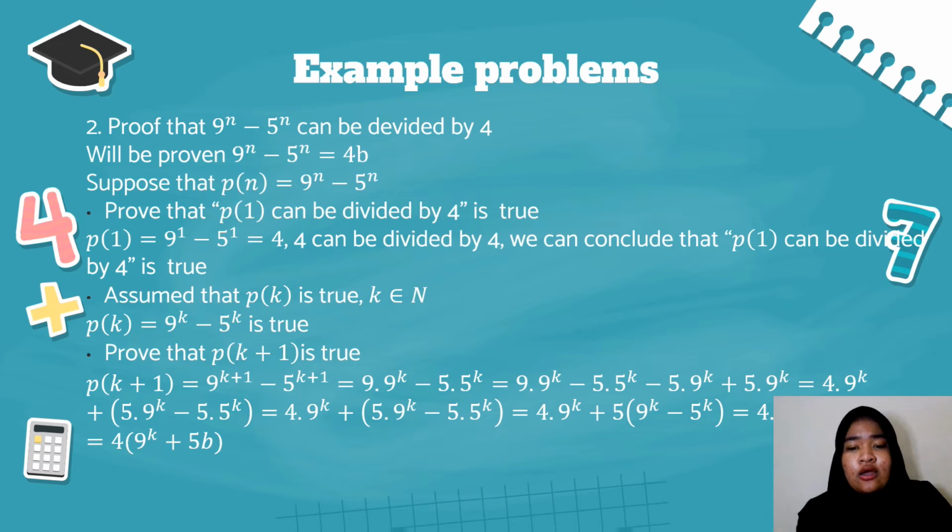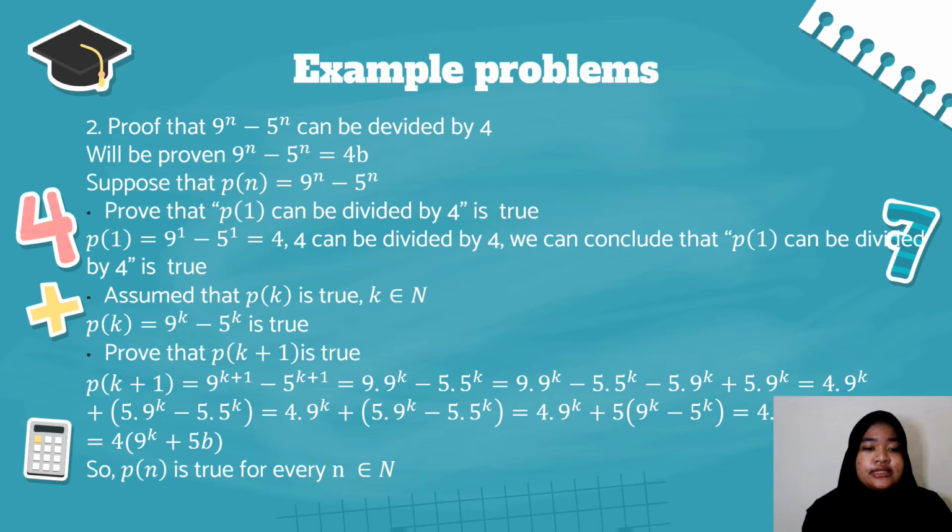As we know that 9 power k minus 5 power k is equal to 4b. So we get 4 times 9 power k plus 5 times 4b. We get 4 times 9 power k plus 5b.